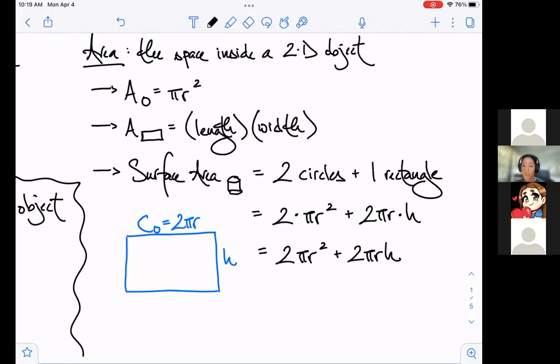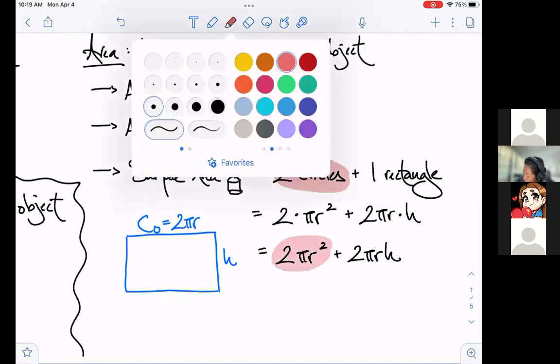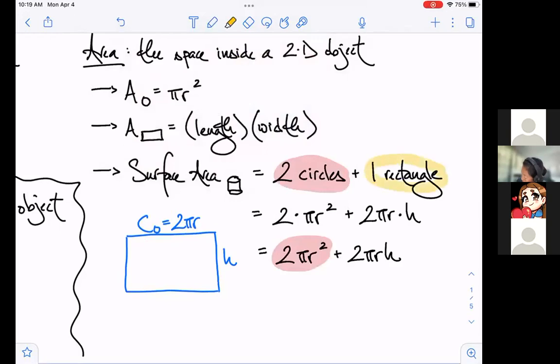Okay, 2 circles and 1 rectangle. So our 2 circles give us this, and our 1 rectangle gives us this.